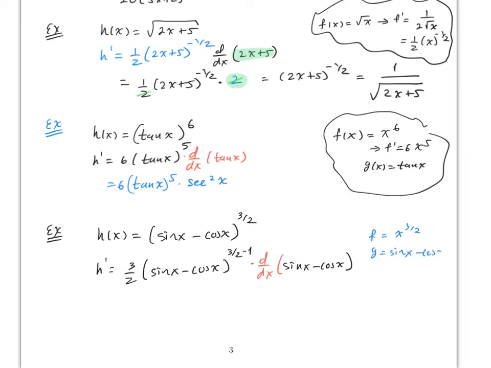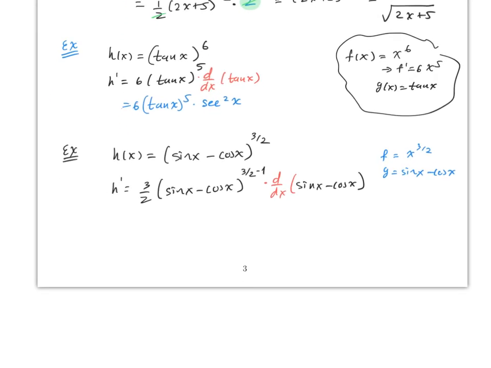So therefore, if we simplify, we end up with 3/2 sine x minus cosine x to the 1/2, because 3/2 minus 1 is equal to 1/2, times the derivative of sine, which is cosine, and the derivative of cosine, remember, is minus sine, so minus and minus becomes plus, and it's plus sine x.